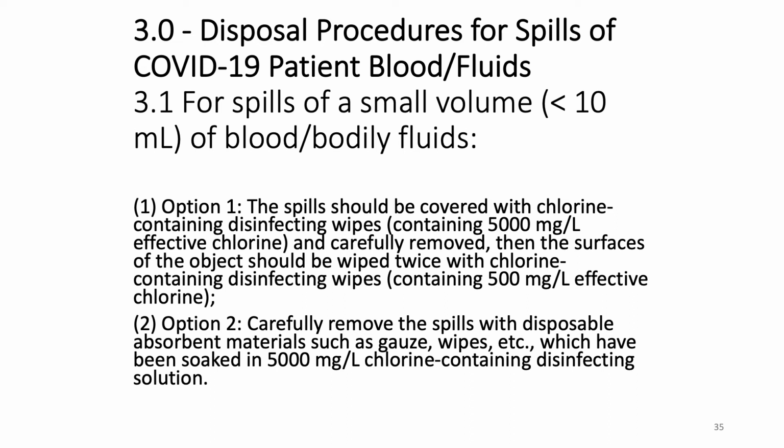Then the surfaces of the object should be wiped twice with chlorine-containing disinfection wipes containing 500 milligrams per litre effective chlorine. 2. Option 2. Carefully remove the spills with disposable absorbent materials such as gauze, wipes, etc., which have been soaked in 5,000 milligrams per litre chlorine-containing disinfecting solution.